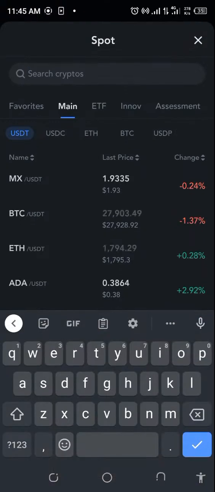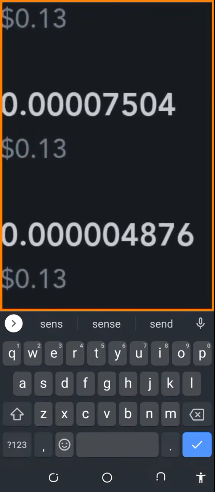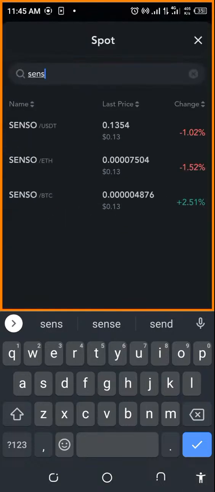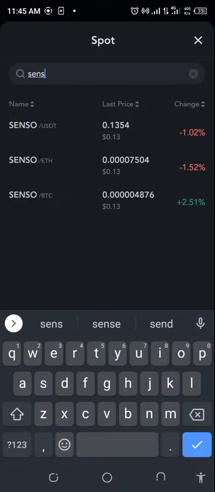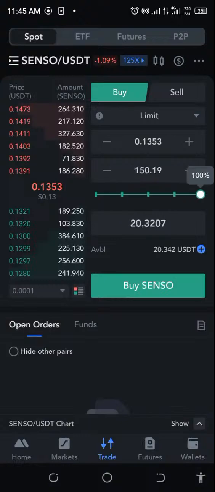Let's check on ETH. That should be Senso ETH. Everything still looks like the same price, but let me go back and try this out and then try to sell to ETH. Maybe with that, I could see whether that would be a better option.